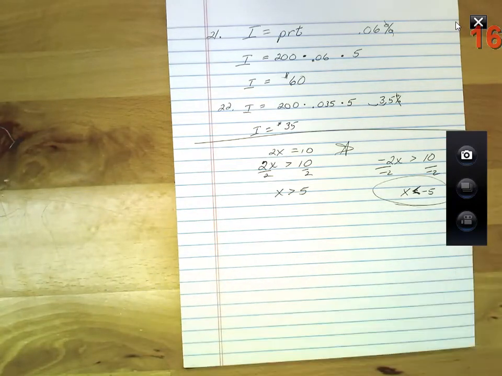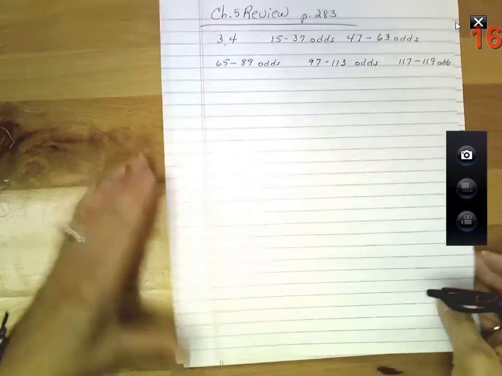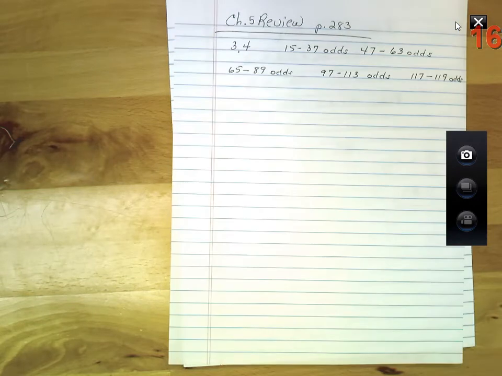Okay, so we had that worksheet, and then we did these chapter review problems. This was on page 283, and I'm assuming you looked in the back of the book and checked them. Are there any of those that you need to see worked out?